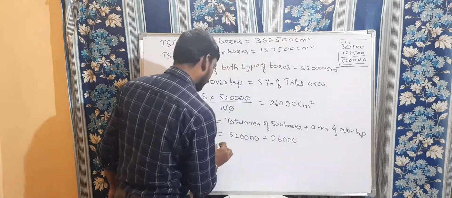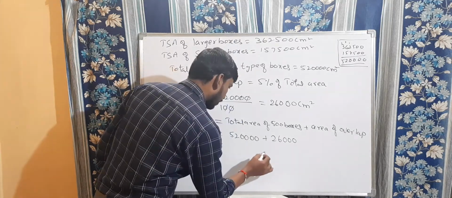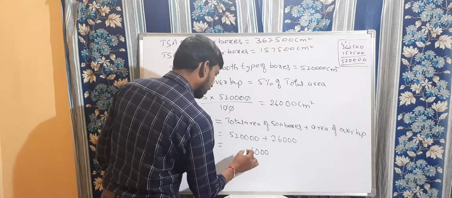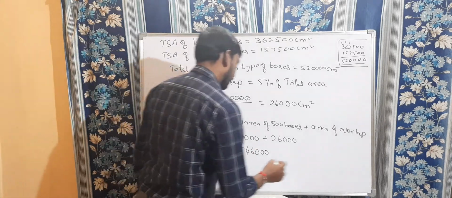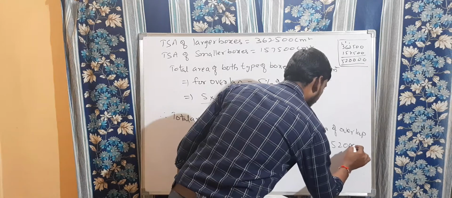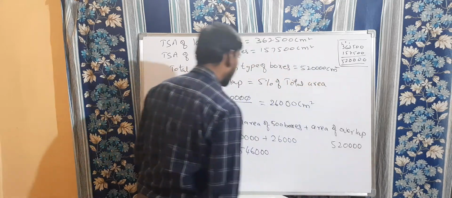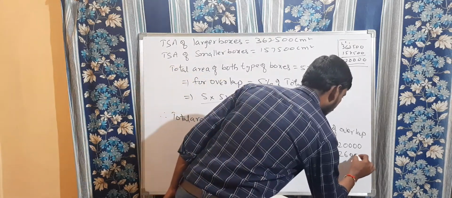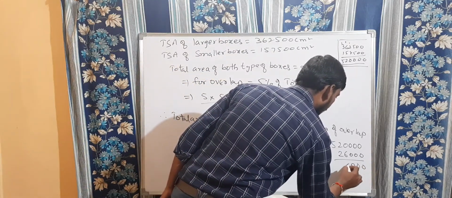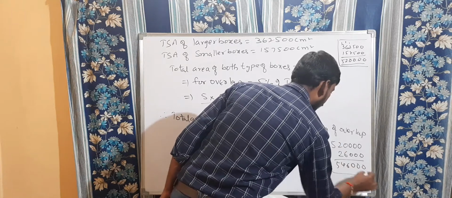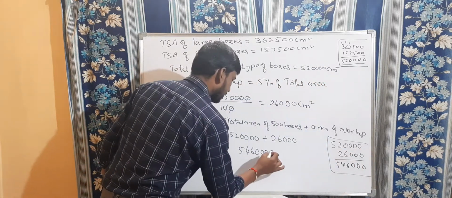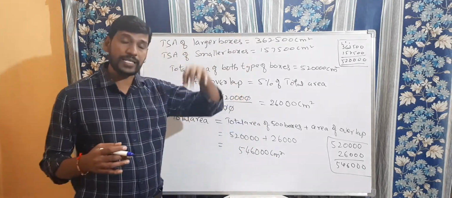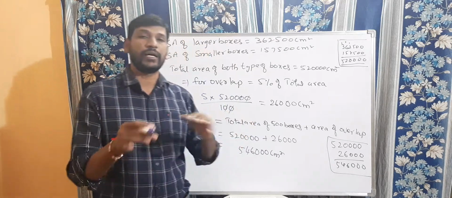Is it clear? You add, you will get 5,46,000 centimeters square. This is the total area of the 250 boxes plus 5% extra area for overlapping.